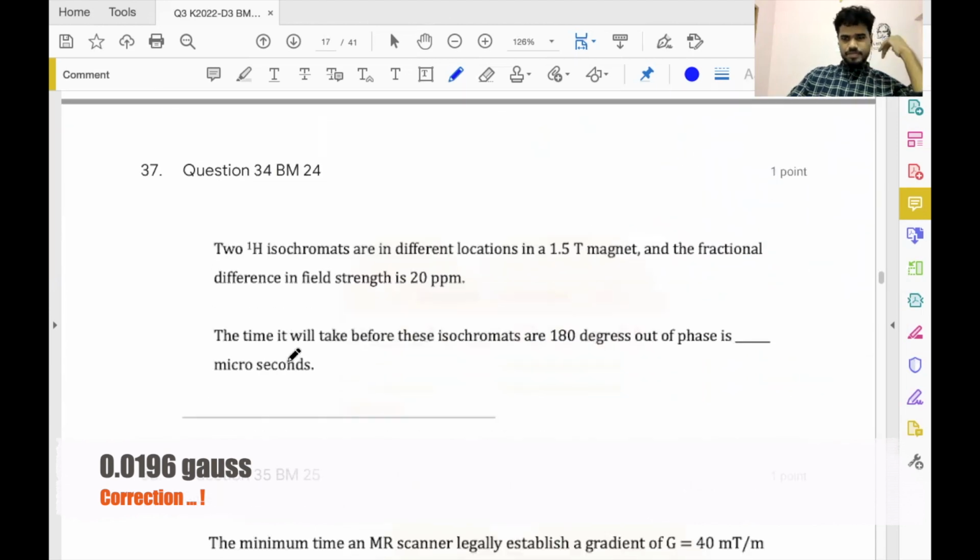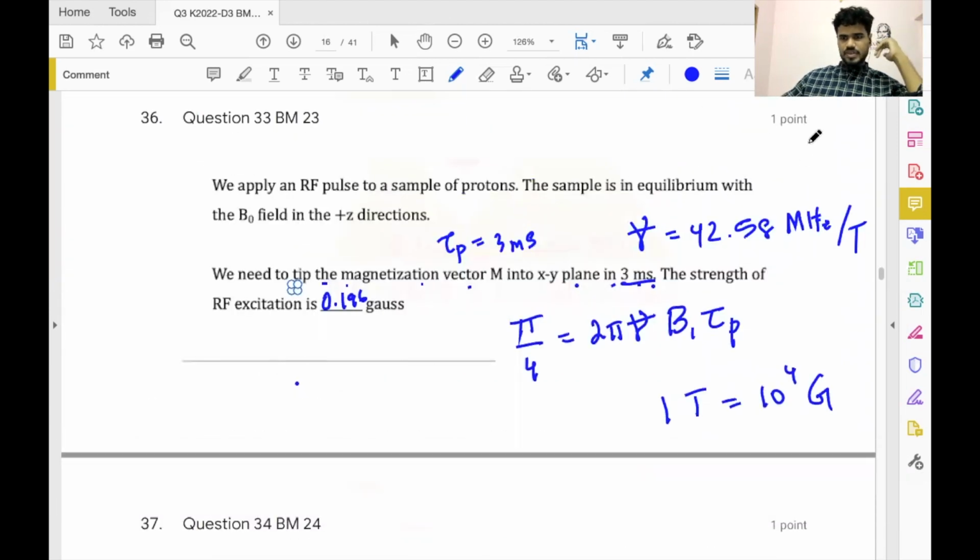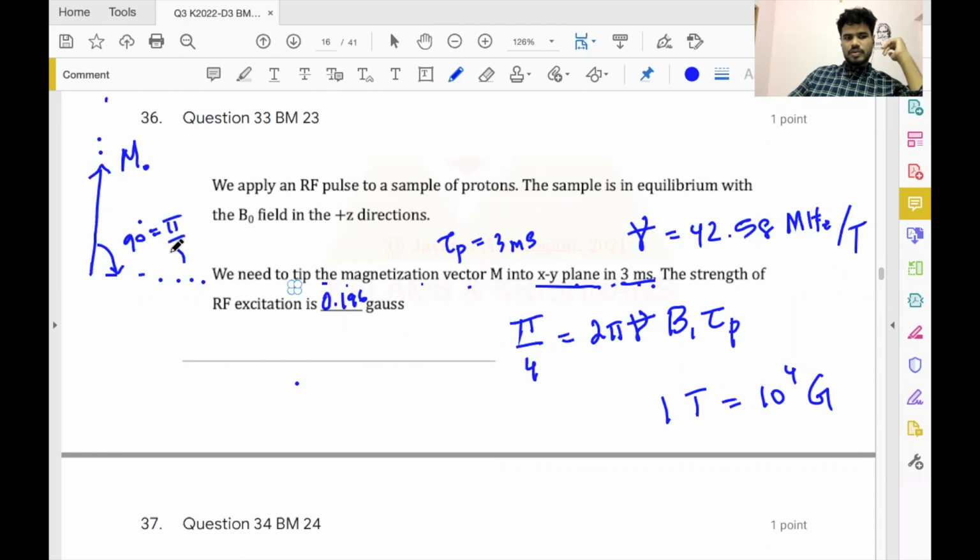Fine. In this, why did you take pi by 4? Why I took pi by 4? So it says we tip it to the XY plane, the transverse plane. The magnetization vector is aligned along B0. We tip it to the XY plane, which is perpendicular to this. So we tip it by an angle of 90 degrees, that is in radians, pi by 4.